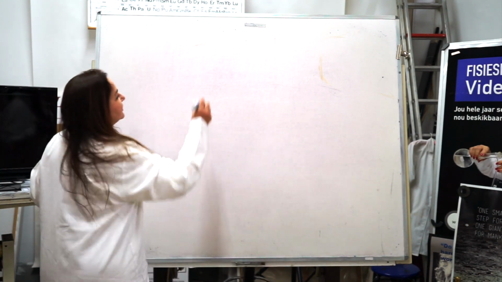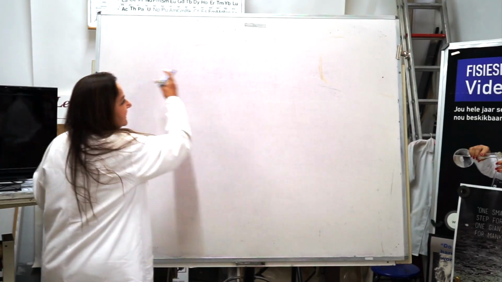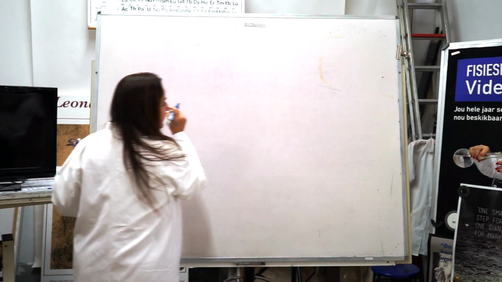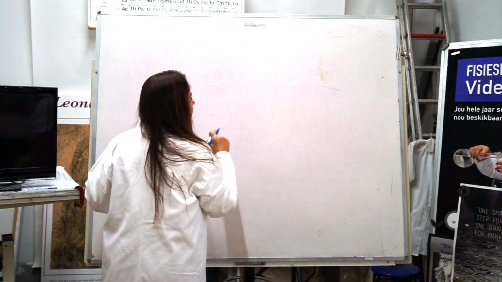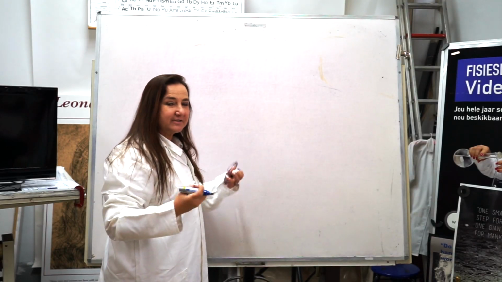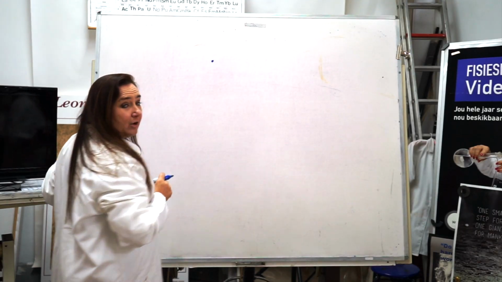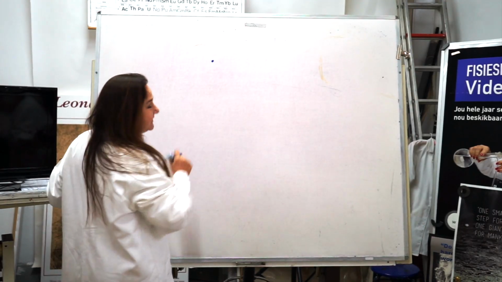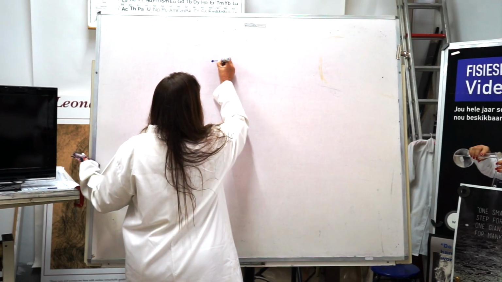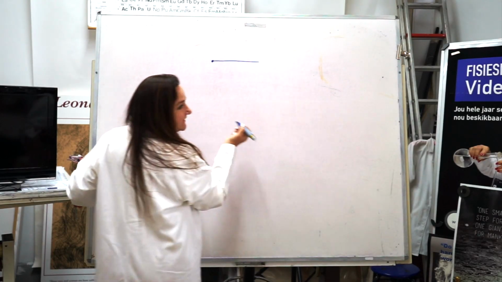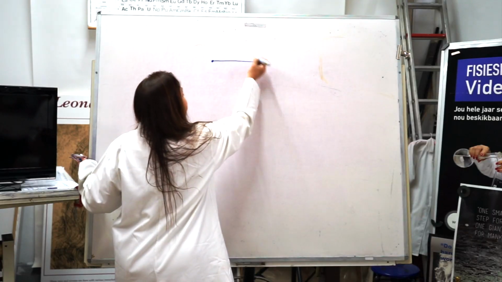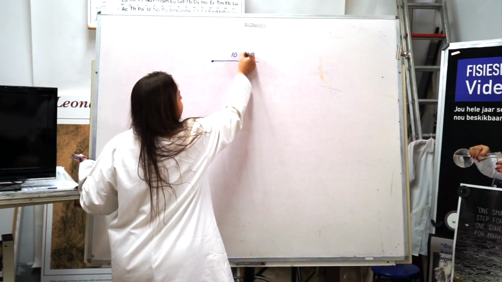So let's say I have a force and I'm going to push something in that direction, with a magnitude of 10 newton. Then I'm going to draw it starting with a dot, and I draw a line. Let's say the magnitude is 10 newton.